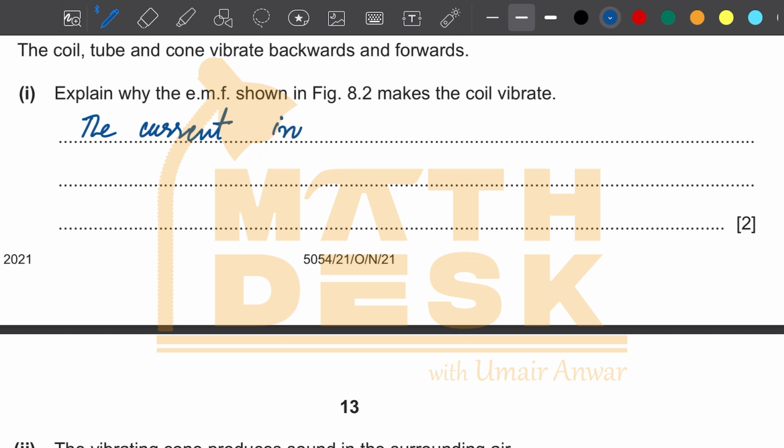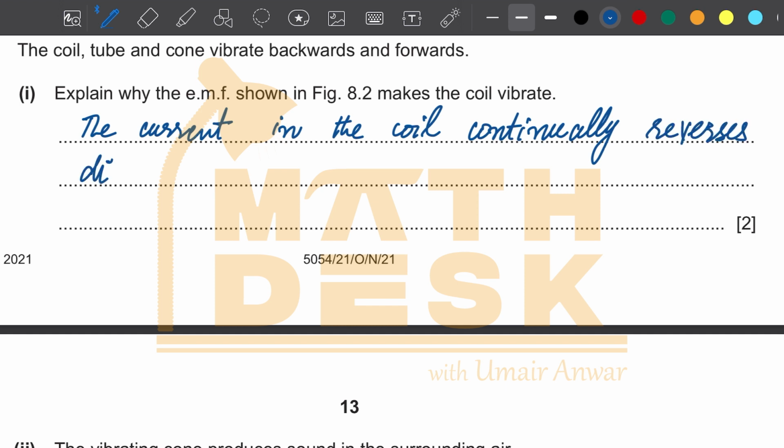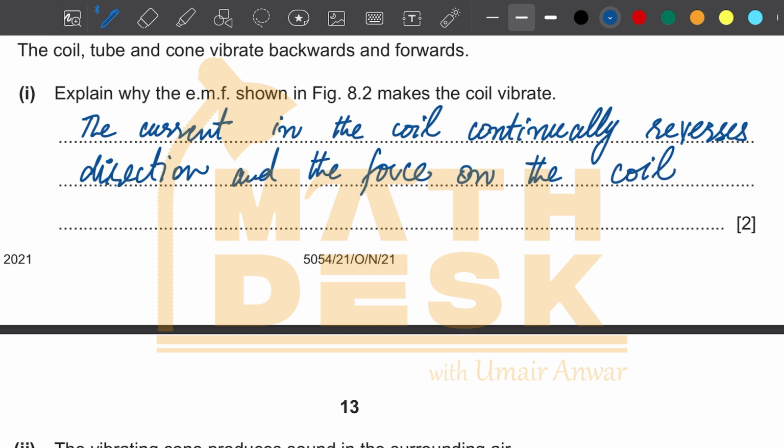in the coil continuously reverses direction, and the force on the coil continually reverses.